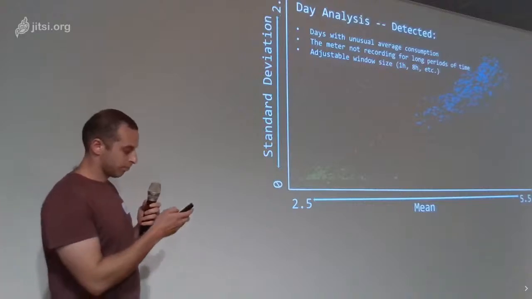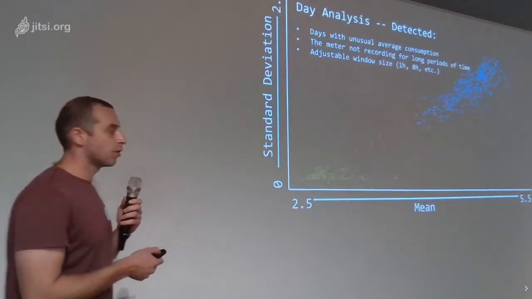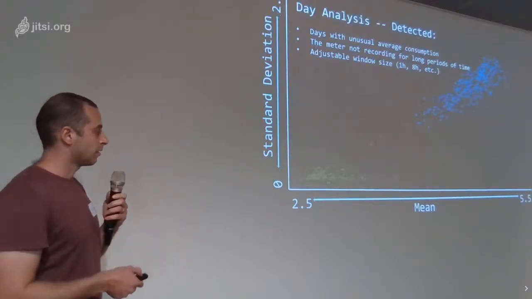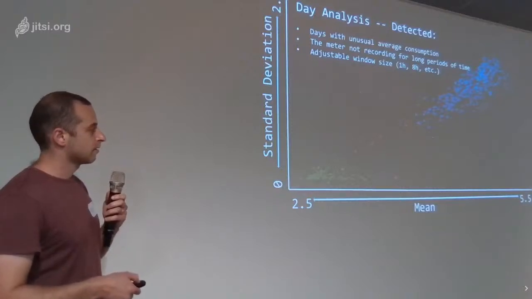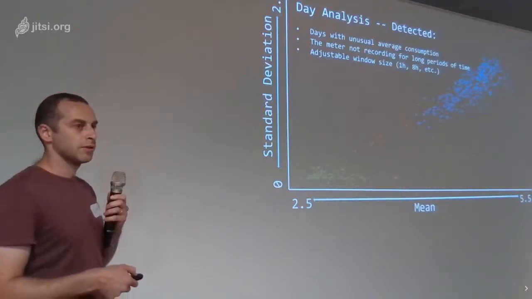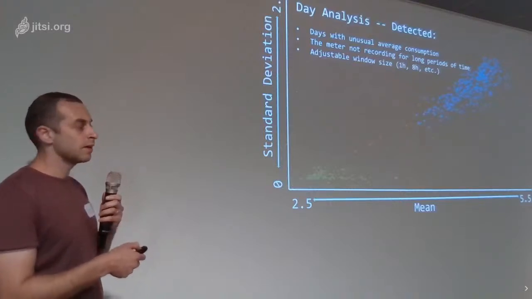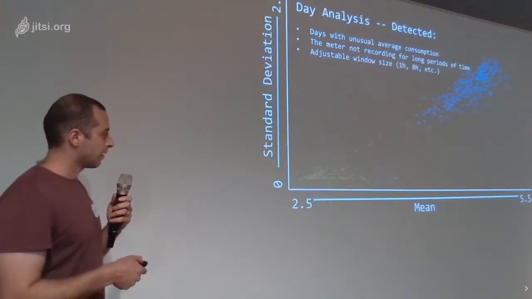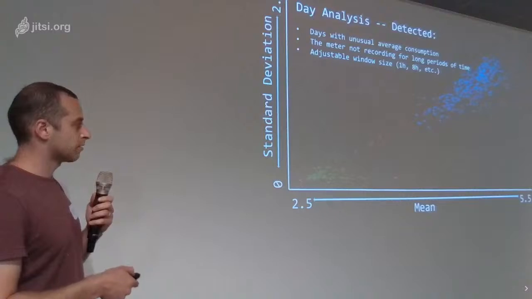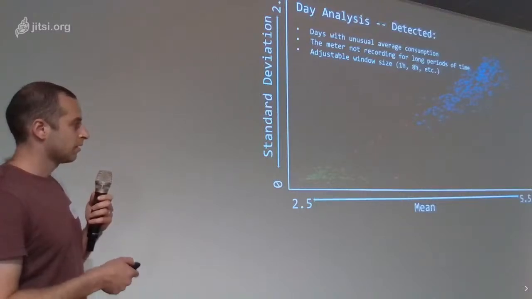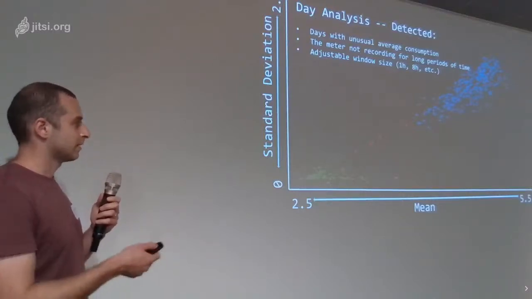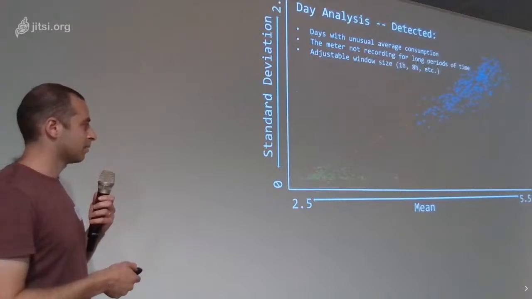So on this plot, each dot is one day, and on the x-axis there is a mean of the reading on this day. On the y-axis, the standard deviation on this day. So you can see the green points. These are the days on which the meter, like the office, was idle.